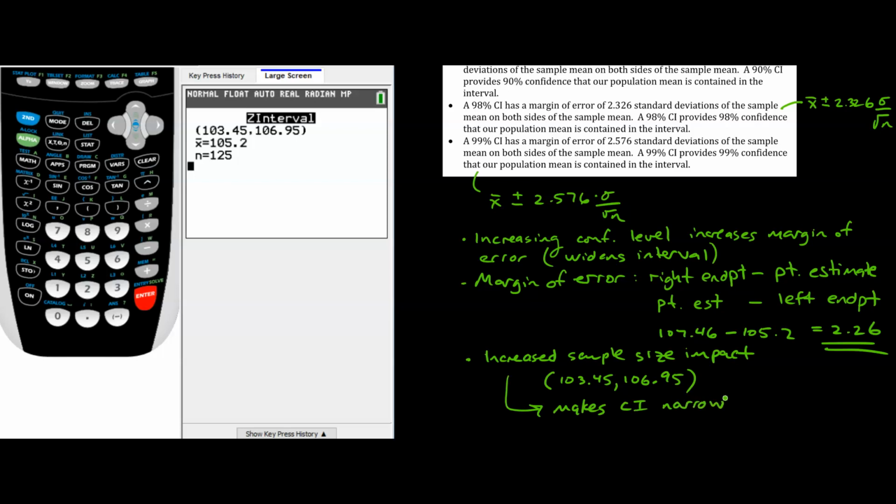So these are a couple of really big facts that you should be familiar with. This idea of increasing the margin of error, widening the interval, and to go hand in hand with that, decreasing the margin of error would actually be, if you're decreasing the margin of error, you're going to be shortening the interval. Likewise, increasing a sample size ends up making the confidence interval more narrow, and then decreasing a sample size is going to give you that more variability again.